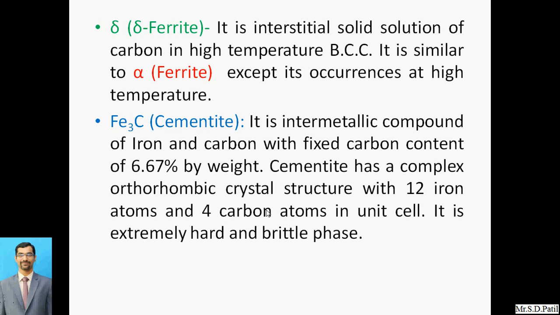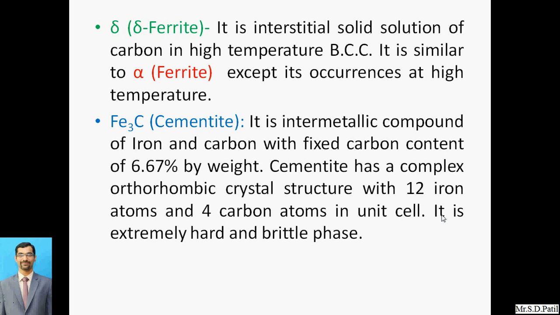Up to the austenite phase, whatever the material may be, it will be very soft. But the cementite phase, at 6.67%, is very hard and brittle.